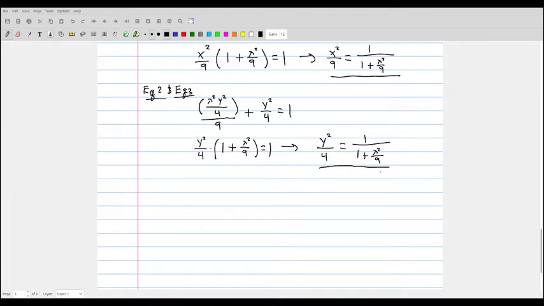So we've solved for the relationship between x squared and lambda, or between x and lambda. We solved for the relationship between y and lambda.